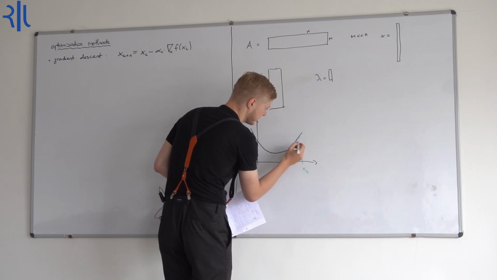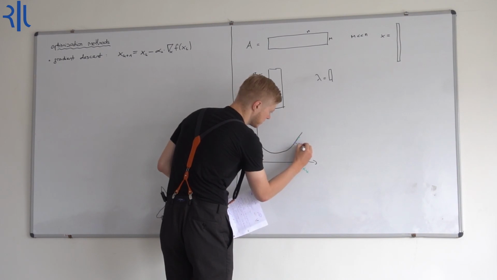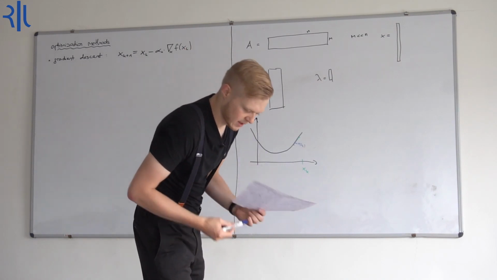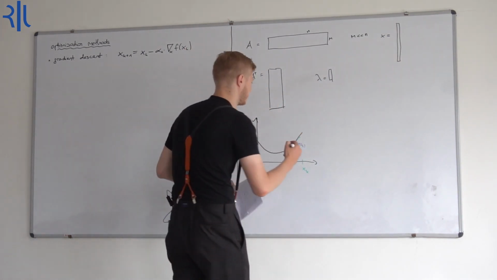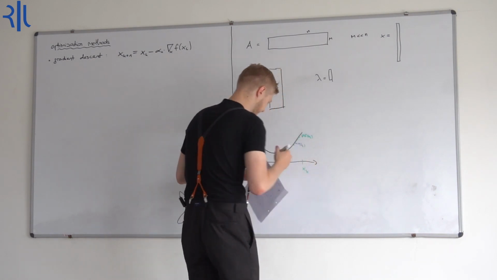So let's say if you have huge alpha, we have here alpha times the gradient at x_k. And here the gradient at x_k.